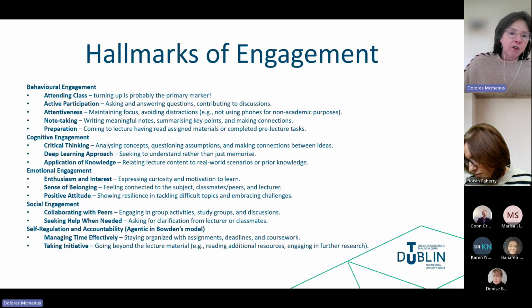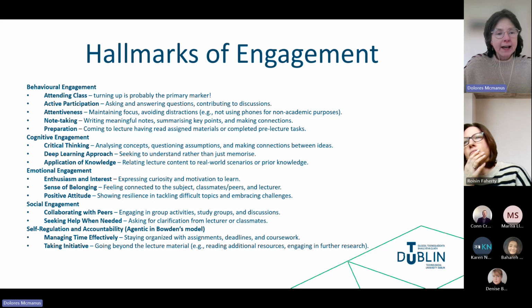In terms of what the hallmarks of engagement are, there are a number of models out there which we in the LTA would follow, and this one in particular is drawn from Boden's model of engagement, and he looks at it from a number of different dimensions. Talks about behavioural engagement, which is typically that attending class piece and being an active participant when you're there, attentiveness, that piece that we were all just talking about.